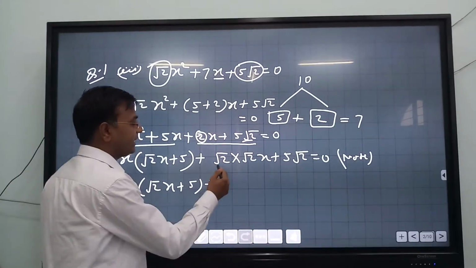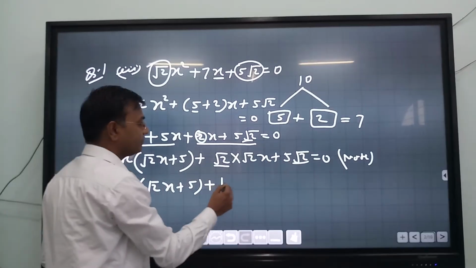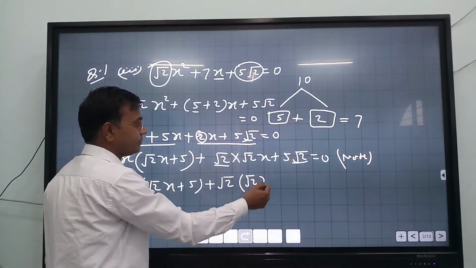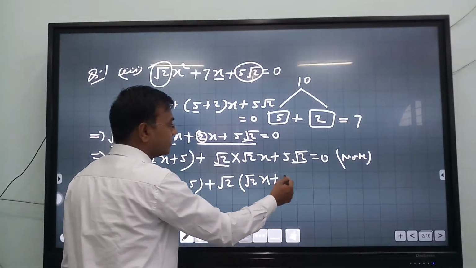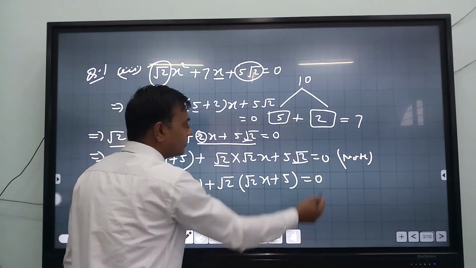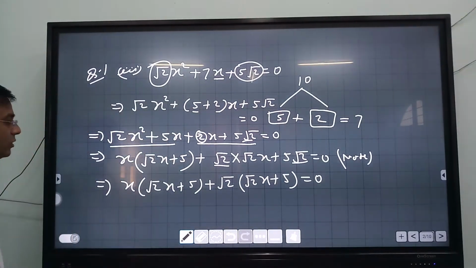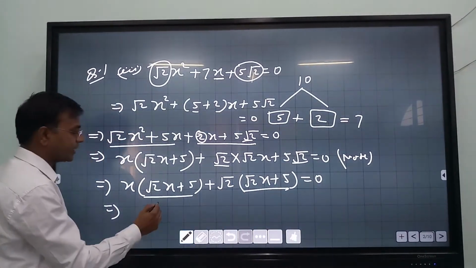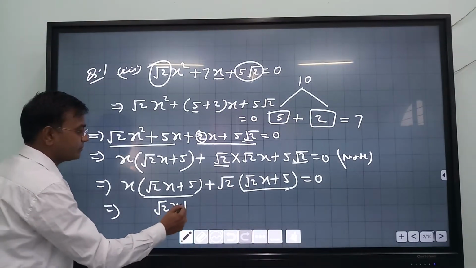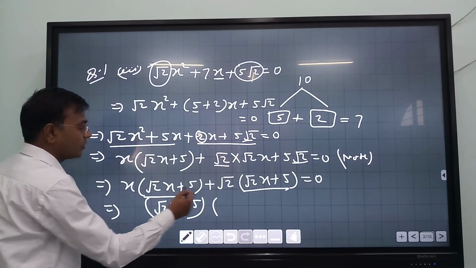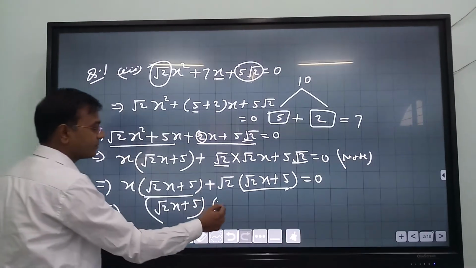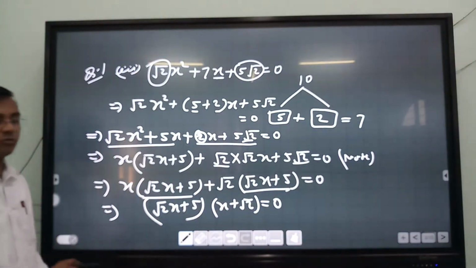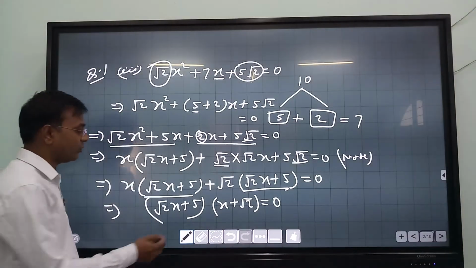Now we can take root 2 common. So this will be root 2 x plus 5 equals 0, and this implies root 2 x plus 5 common and x plus root 2 equals 0, and hence we can find the value of x.